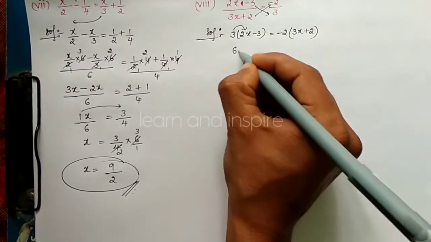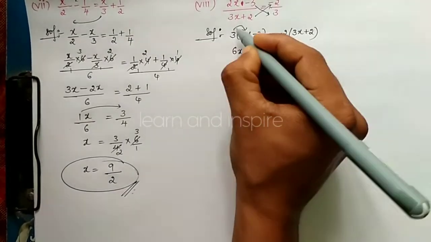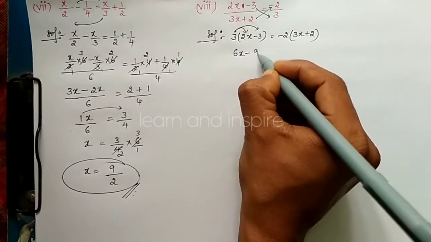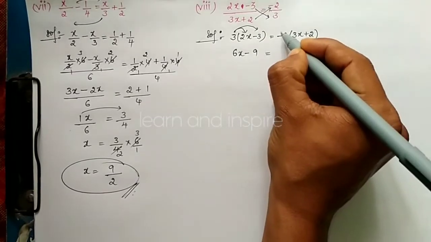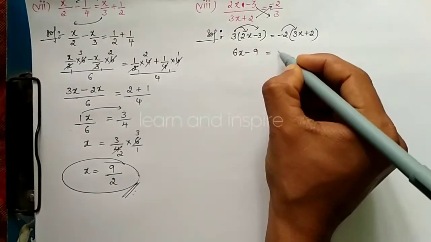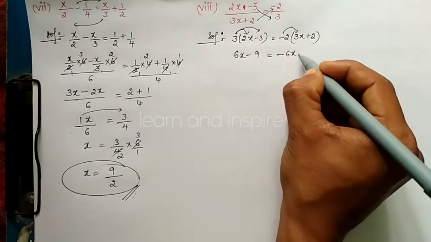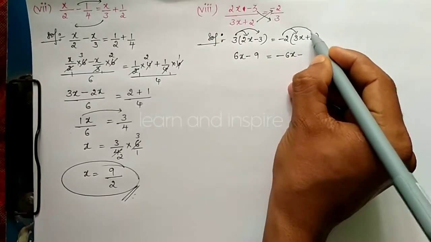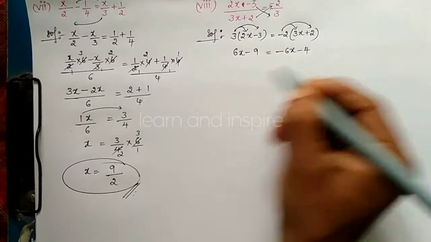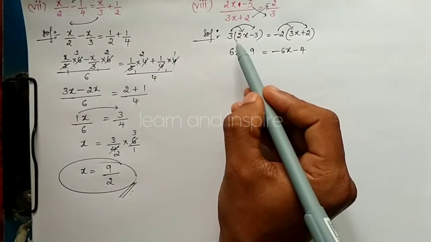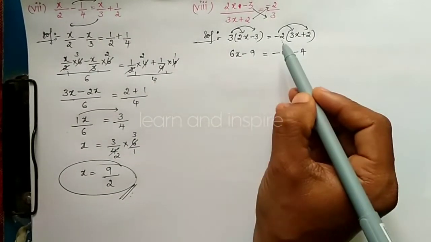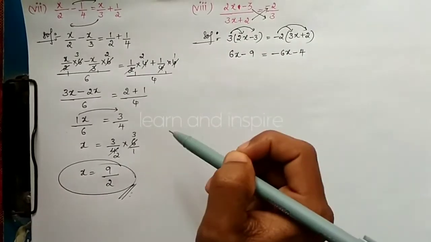3 into 2x is 6x minus 3 3s are 9, which is equals to minus 2 into 3x is minus 6x, minus into plus is minus 2 2s are 4. Okay, so here we are multiplying 3 with 2 terms and minus 2 with 2 terms.